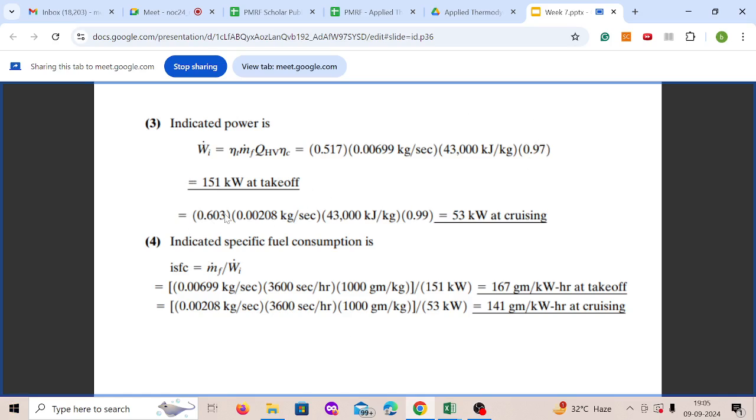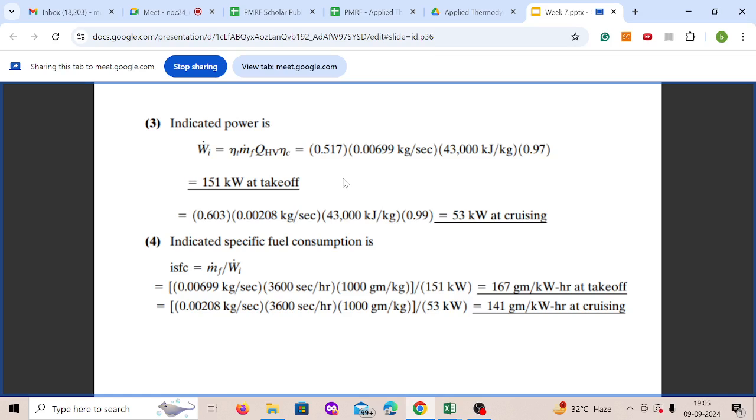Similarly for cruising, thermal efficiency is 0.603 into mass of fuel 0.00208 into the calorific value into combustion efficiency of 0.99 gives you 53 kilowatt.